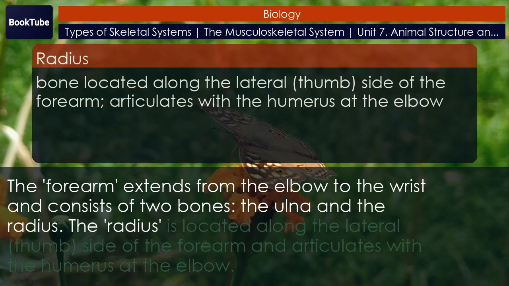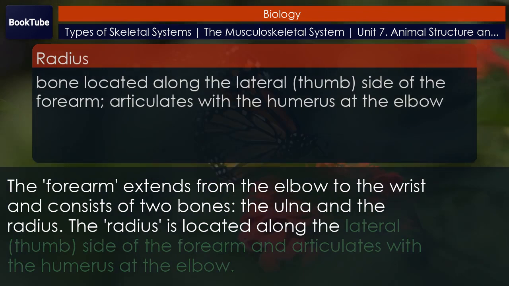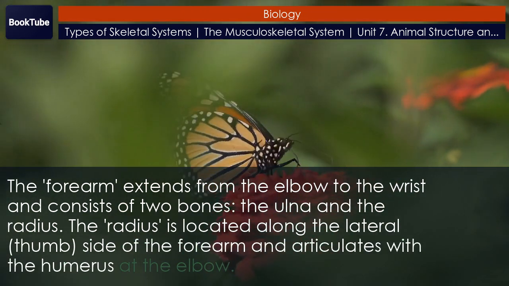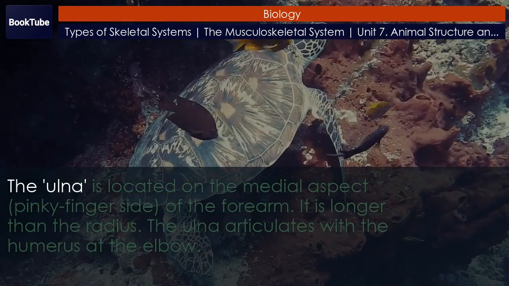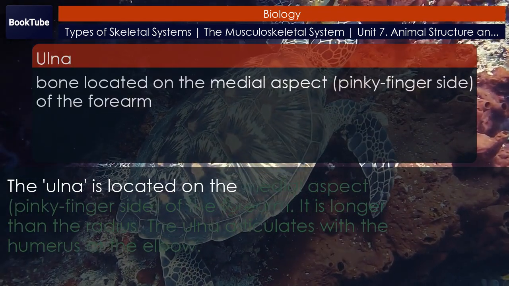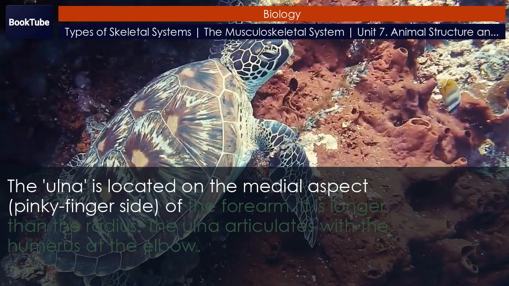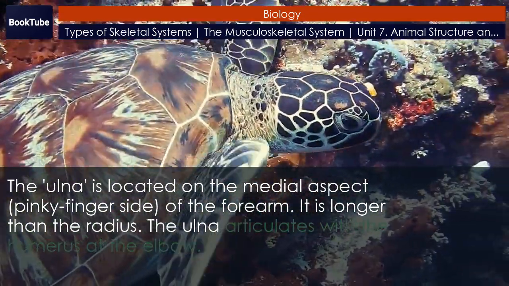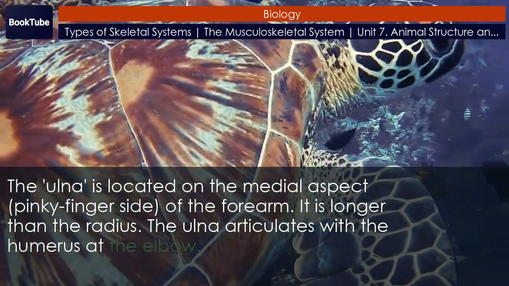The radius is located along the lateral, thumb side of the forearm and articulates with the humerus at the elbow. The ulna is located on the medial aspect, pinky finger side, of the forearm. It is longer than the radius. The ulna articulates with the humerus at the elbow.